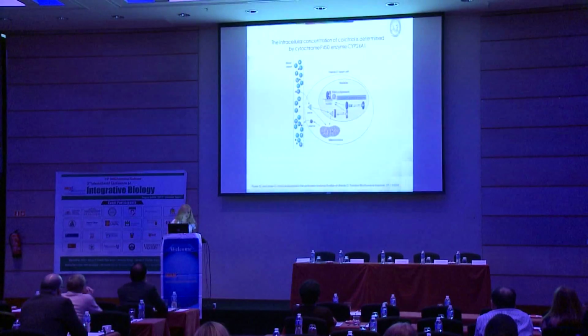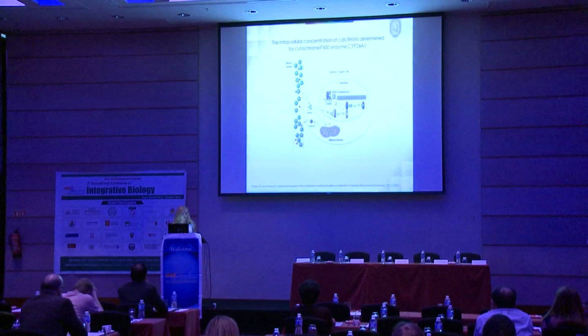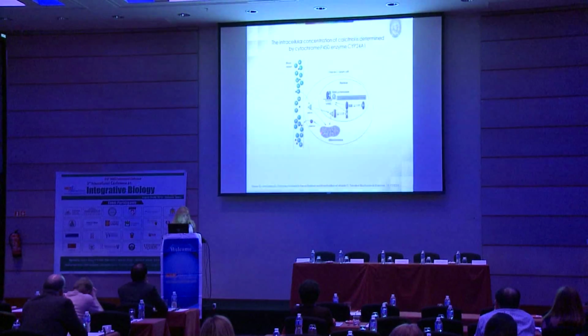And the main action of calcitriol is mediated by the vitamin D receptor. But inside the cell, there is also another enzyme which could bind calcitriol, called CYP24, and its role is to convert calcitriol from the active form to the inactive form.